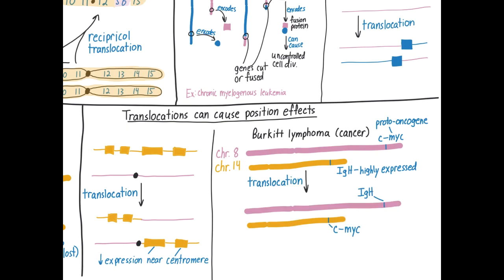A reciprocal translocation can bring the c-MYC gene near the highly expressed IgH gene, causing the c-MYC proto-oncogene to greatly increase its expression. Because this increased expression promotes uncontrolled cell division in cancer, the translocated c-MYC gene is now considered an oncogene.